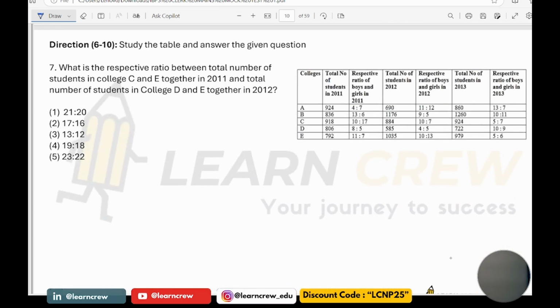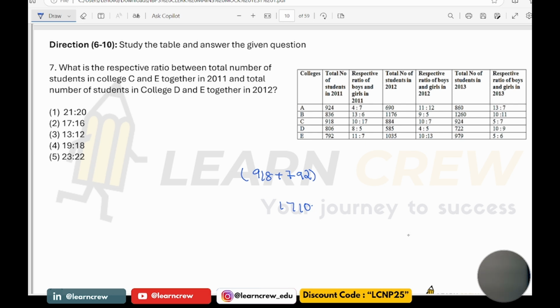Next question. What is the respective ratio between the total number of students of college C and E together in 2011 and total number of students in D and E together in 2012? So total number of students in C and E in 2011 is 918 plus 792, which is 1710.